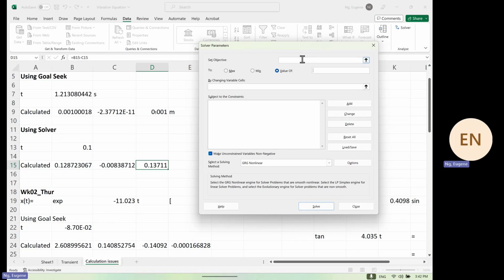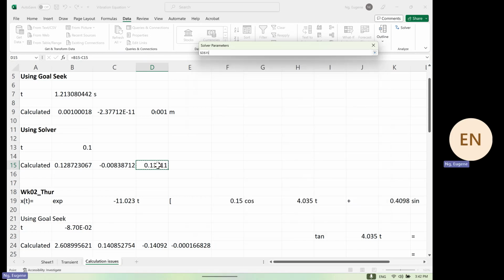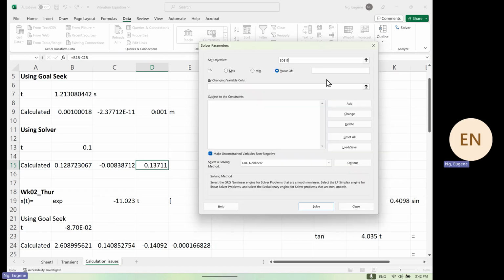This value over here I want to be equal to 0.001, and we want it to change this one. Then we press, oh, I'm so nervous. I have not a clue whether it will work.